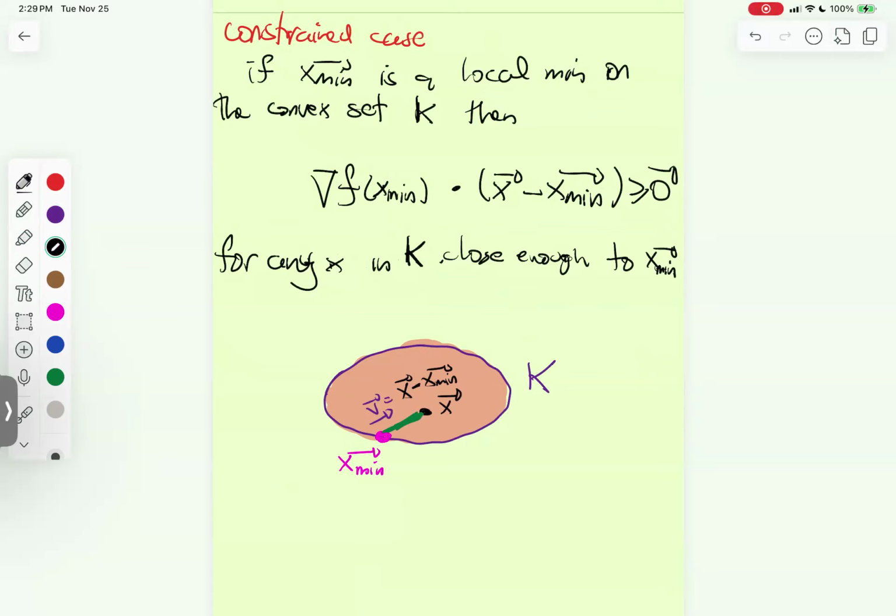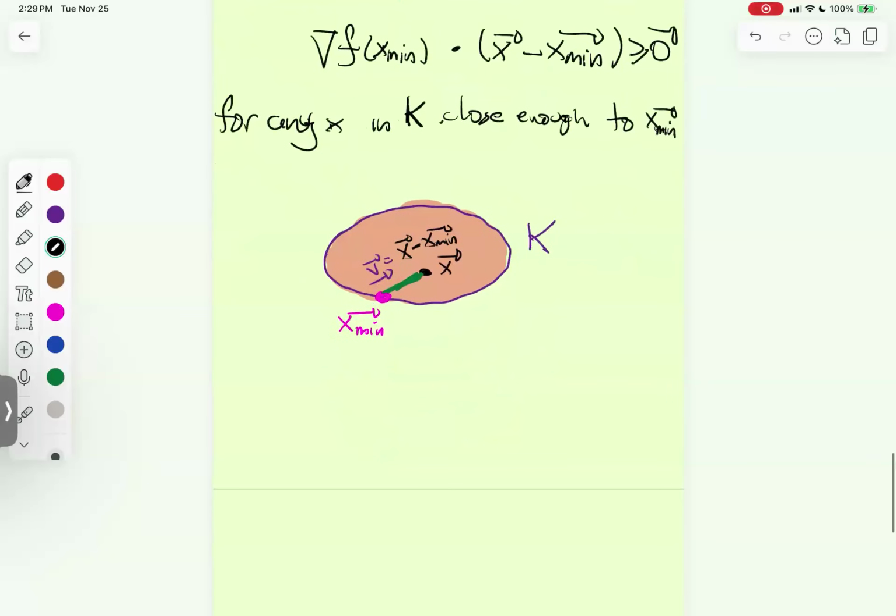So let's think about the directional derivative in the direction of that vector. Well, there are two ways to think about it. First, it is the dot product of the gradient at the point x mean with the direction vector.